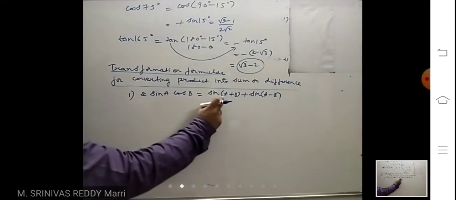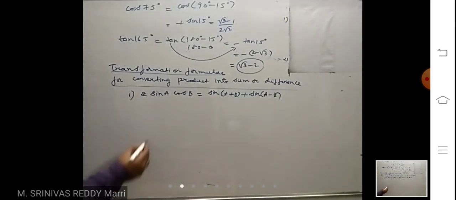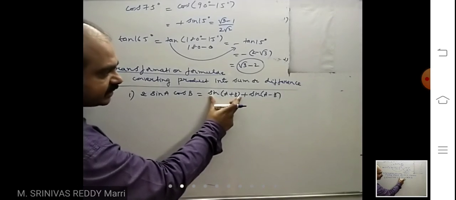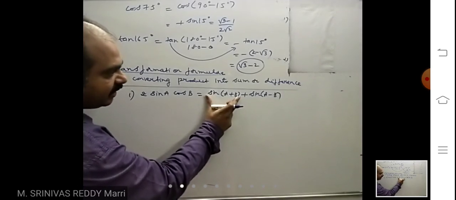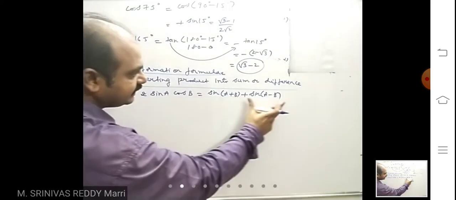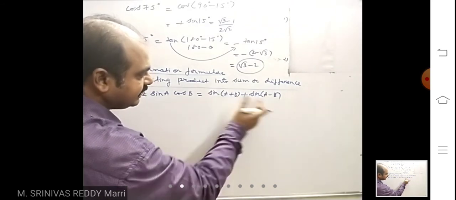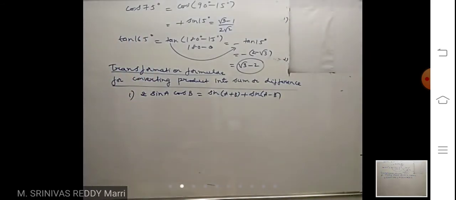You write this formula: sin A cos B plus cos A sin B, and sin A cos B minus cos A sin B. Strike off the plus and minus, then you will get 2 sin A cos B.